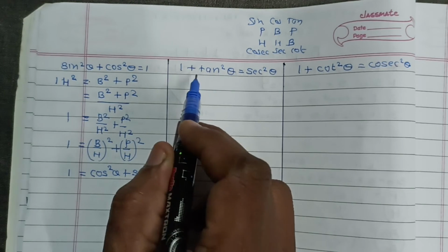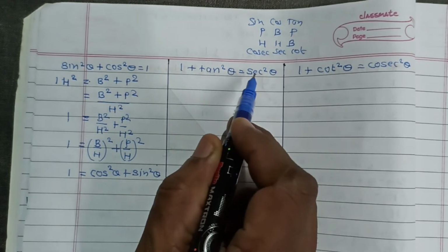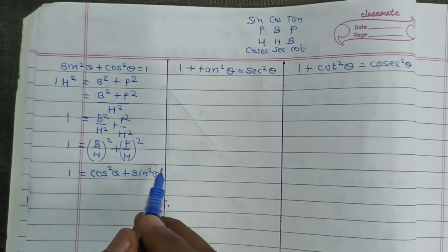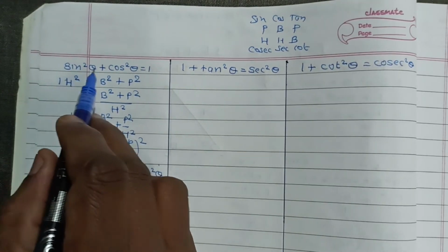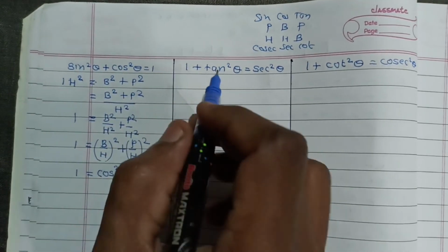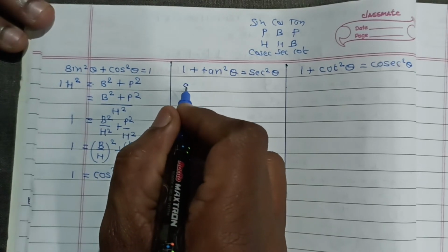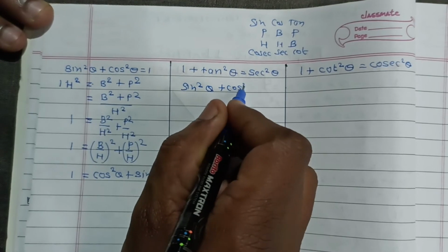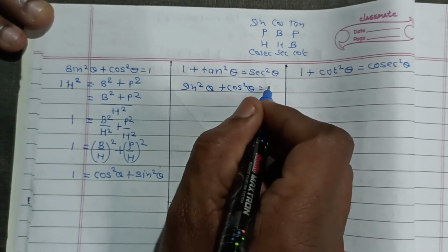Let us derive the second identity, that is 1 plus tan²θ is equal to sec²θ. To derive the second identity you have to write the first identity as it is. So sin²θ plus cos²θ is equal to 1. This you have to write here as it is, sin²θ plus cos²θ is equal to 1.